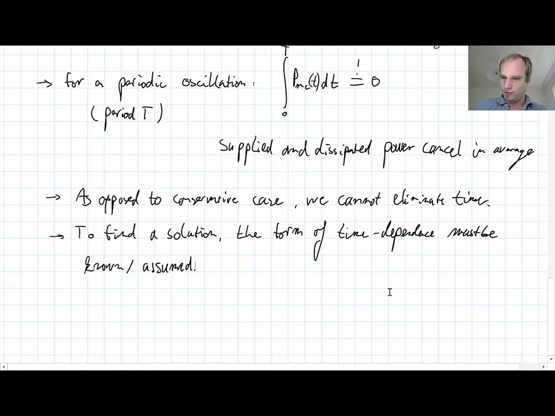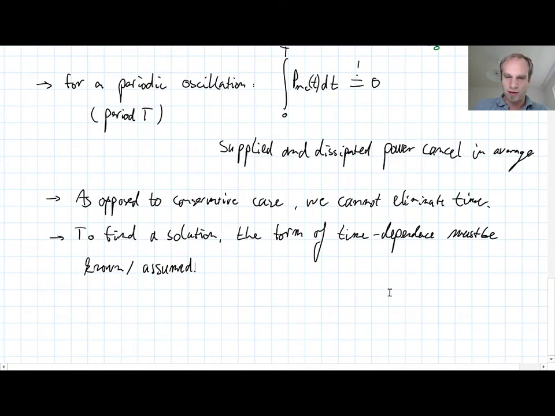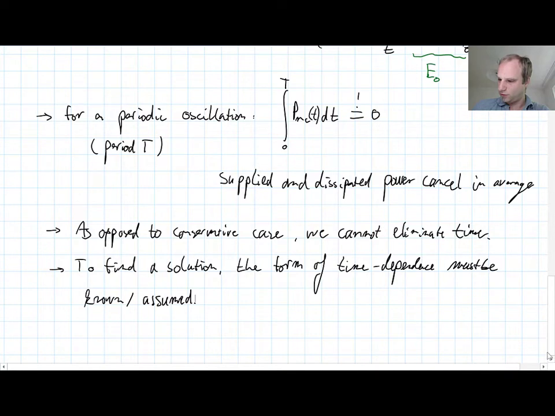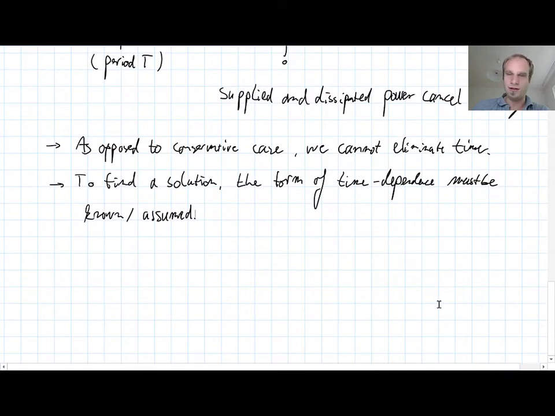If we don't know the exact form, we can take a lucky guess, but in general this will not be the exact solution. So we need to live with an approximation.